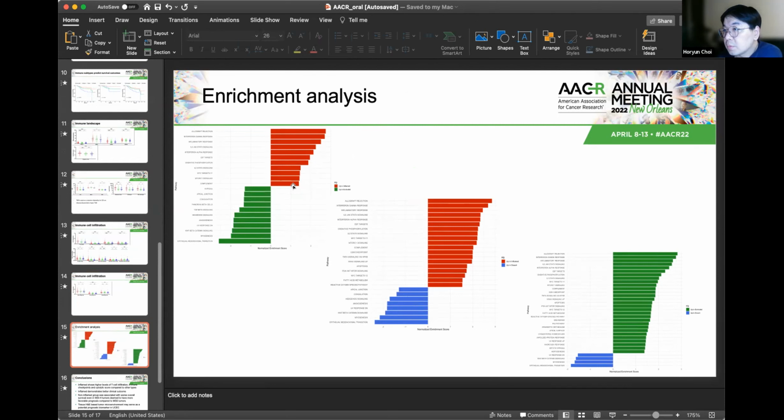I think these results look pretty similar to our previous research regarding lung cancer. This is a relative value, I mean gene expression compared between two groups, inflamed versus excluded, something like that.